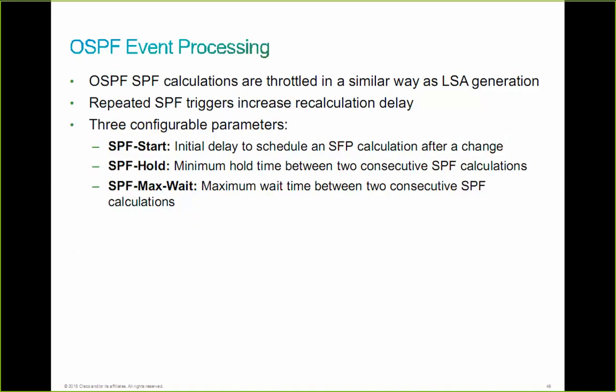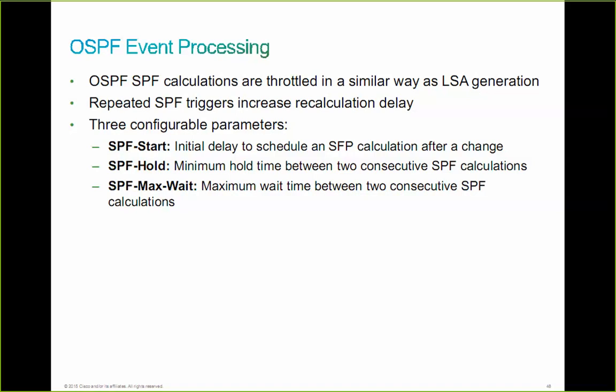The timers that are specifically involved in OSPF, well, you can see from the names, they're very similar to the LSA propagation timers, right? The SPF start timer is the initial delay to schedule the algorithm calculation after a topology change has been identified. The hold timer is the minimum hold time between two consecutive SPF calculations.